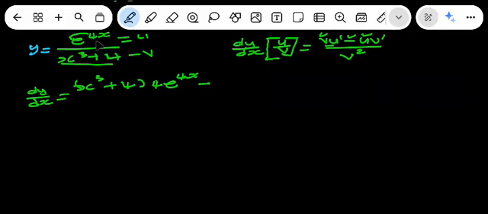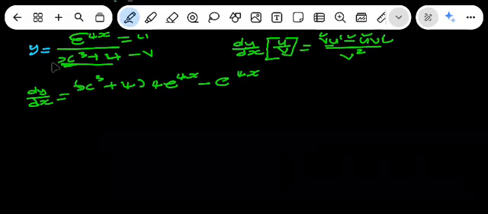Our u is the top part, which is e raised to the power 4x. Then we multiply by v prime. Here it's our v, so we have to differentiate this bottom part.